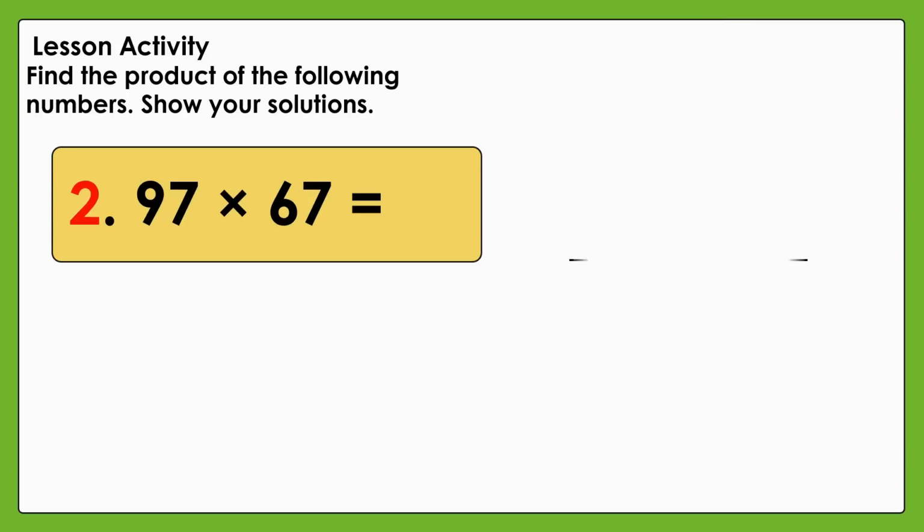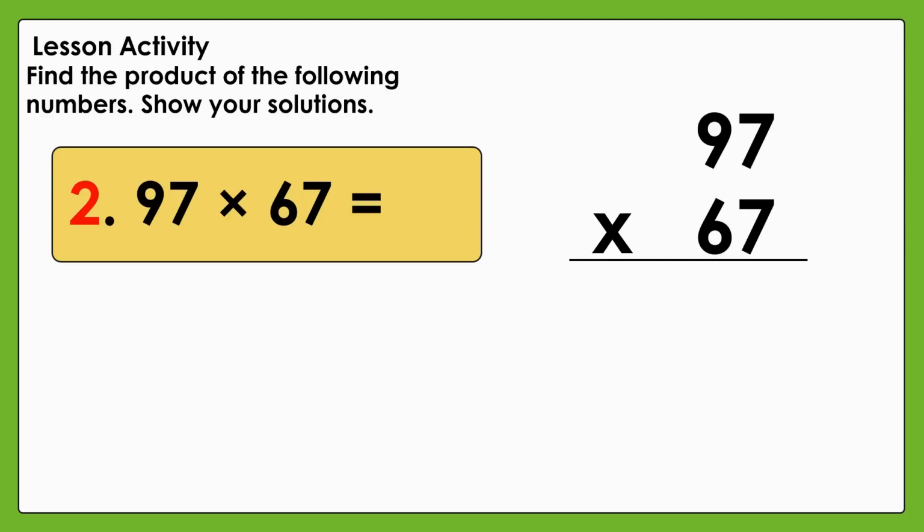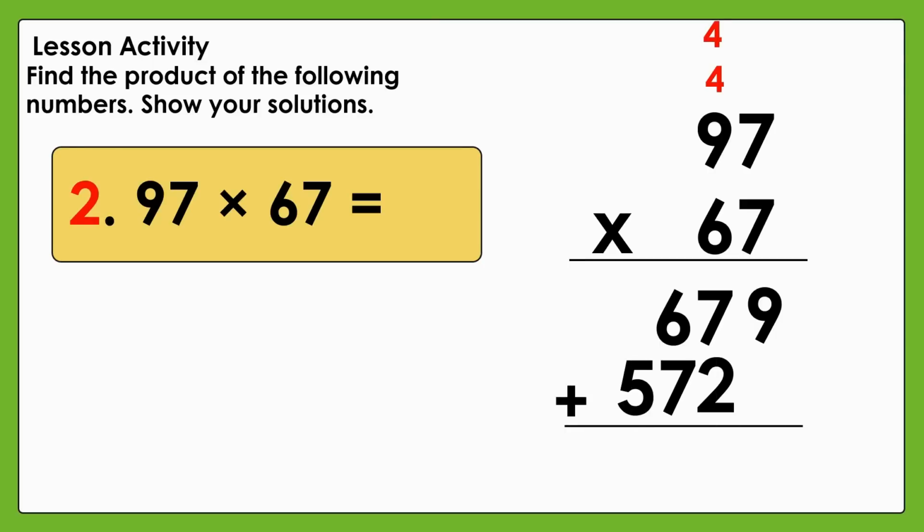Number 2, 97 times 67. The answer is 6,399.